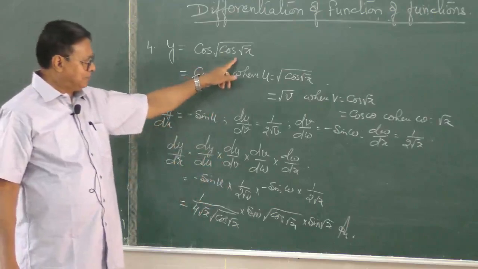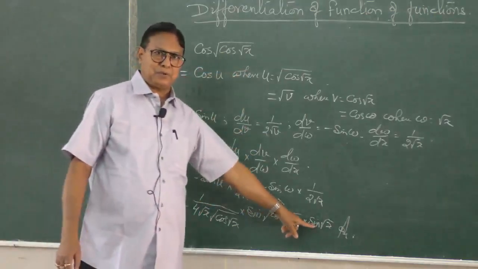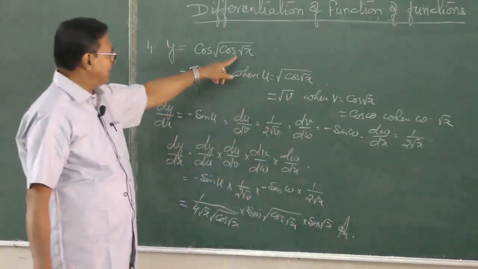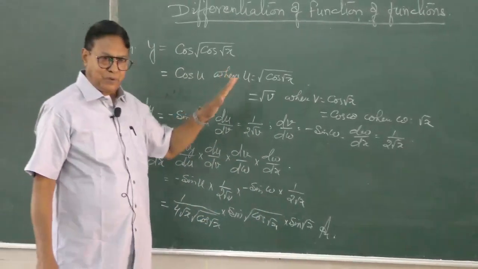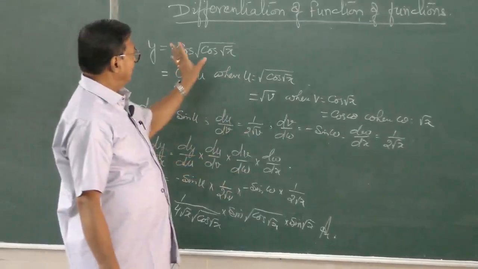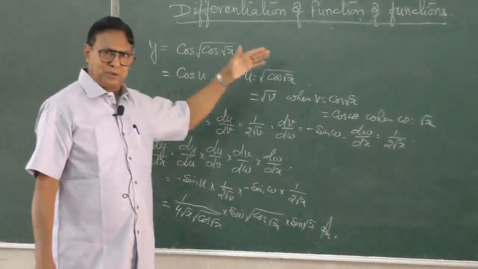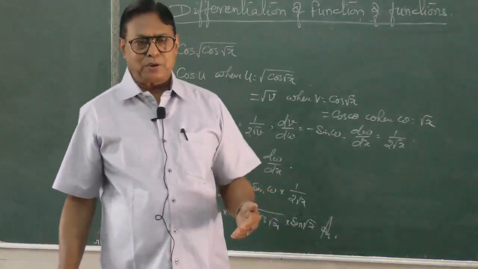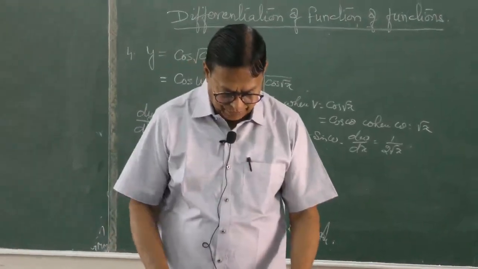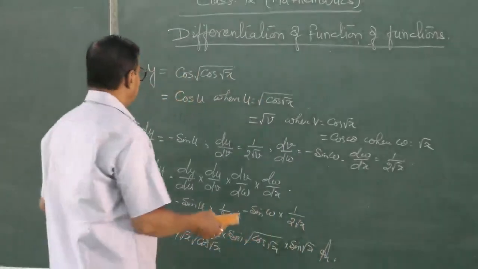Then cos of root x is again minus sine of root x. So the 2 minuses make a plus. And then root x is 1 by 2 root x. So this is how we do it. Now when a problem is like this only, you can do it in different steps like that. But I come to a sum where you cannot go by it, it's such a long way. So the next one I am coming to.